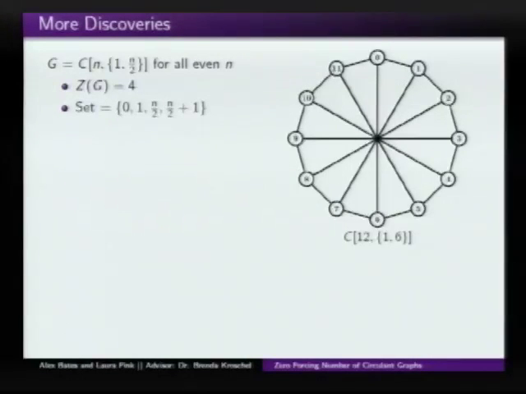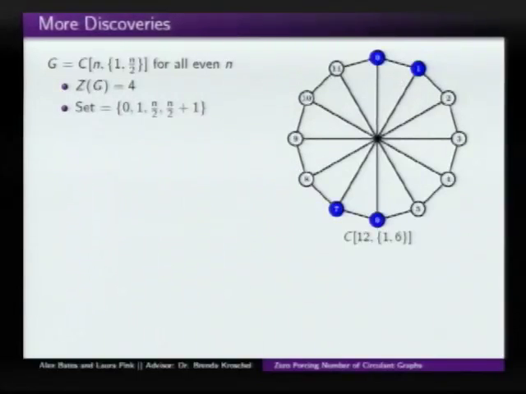So in the case of the circulant graph on 12 vertices with connections 1 and 6, we find that the degree of each vertex is 3. So each vertex on that graph has at most 3 edges that it shares with other vertices. And since the degree is 3, that's the minimum bound for the zero forcing number, we found that we just needed 1 more vertex to color the entire graph.